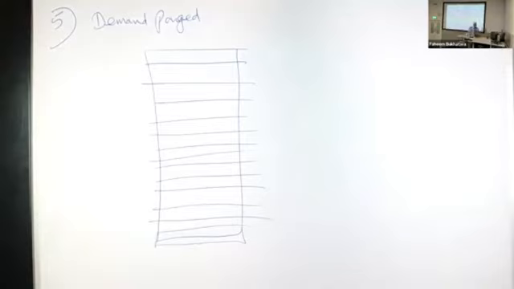Any program, if we want, we can load the full program, as long as there is a free page. But we don't want to load the full program, because many times the code that you write in a program never runs. There's a lot of code that programmers write and test and everything, and then it never runs.